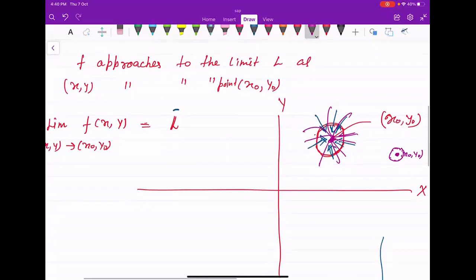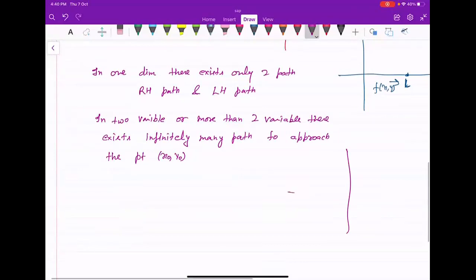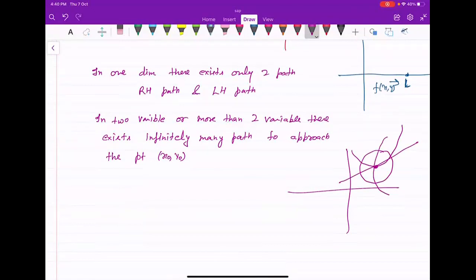It may be a straight line, it could be some parabola, some other curve, or it could be anything. So there are infinitely many paths by which we can approach the point (x0, y0).